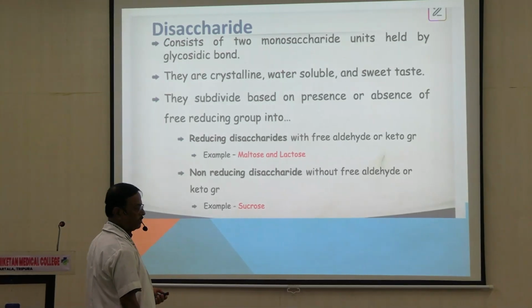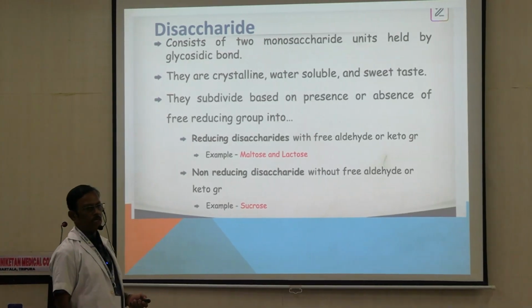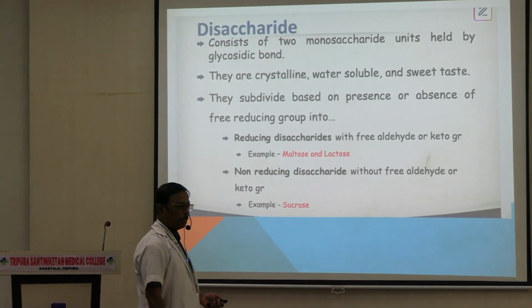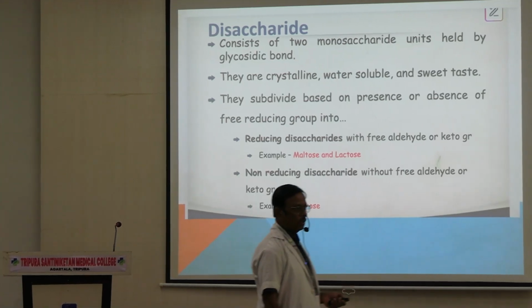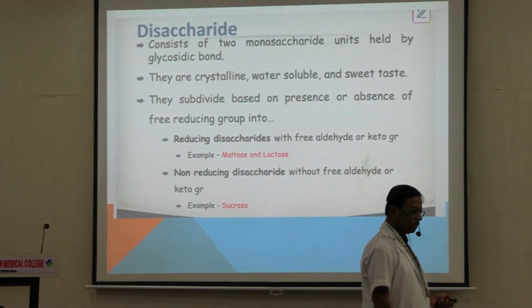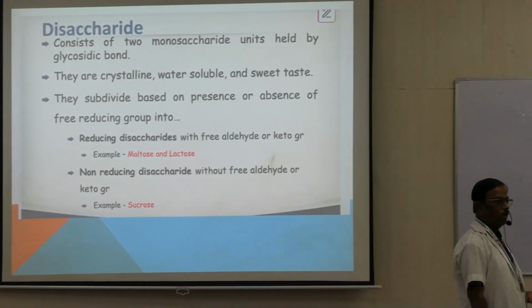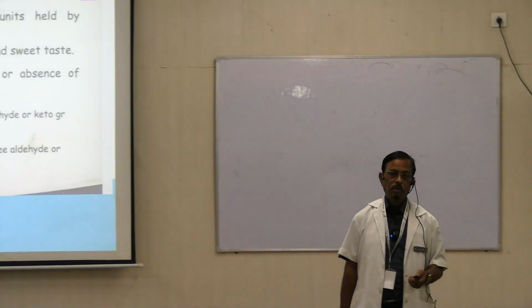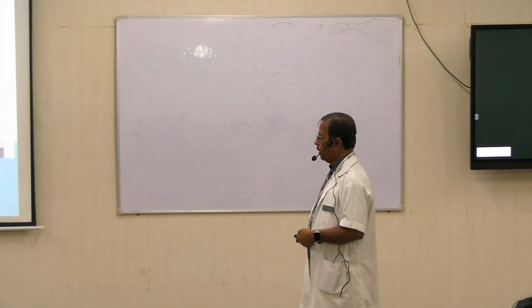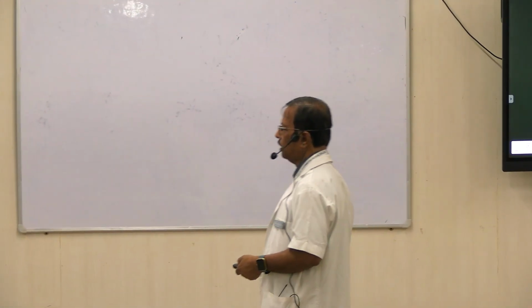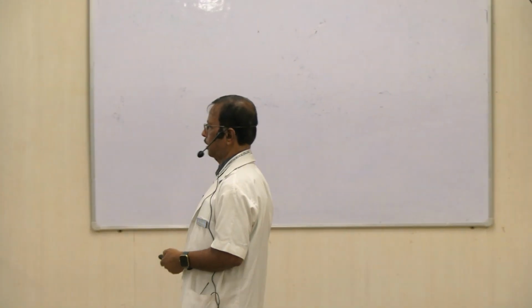Now, there are 2 types, depending on capability to reduce cupric oxide in alkaline medium. They are divided into 2, reducing disaccharide and non-reducing disaccharide.